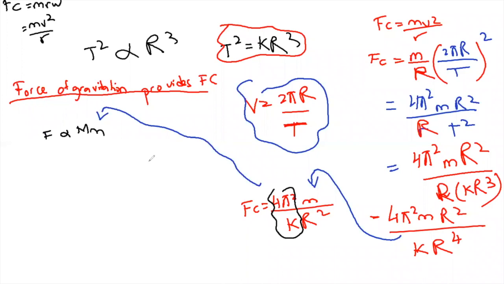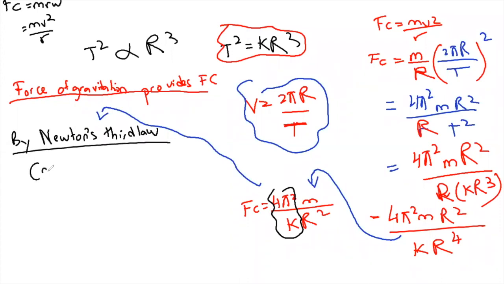Let me tell you how. Where did the big M come from? In the actual formula, Fg is equal to mMG over r squared. But where did the big M come from? Now, a simple statement. By Newton's third law, we must have two different forces.